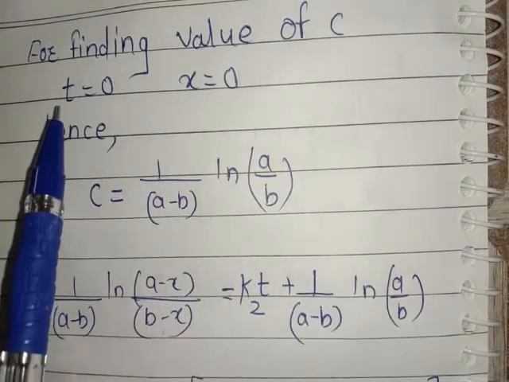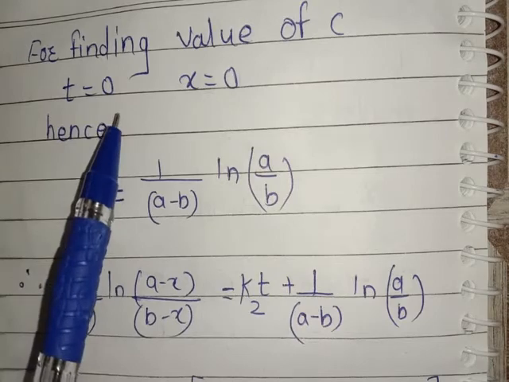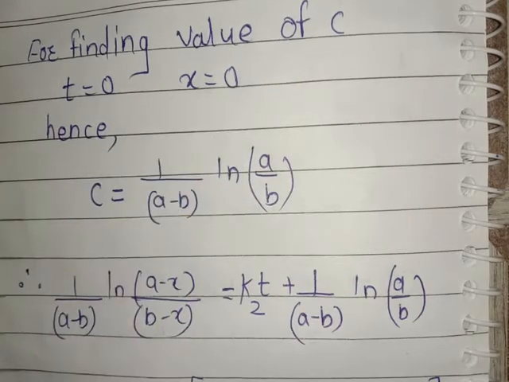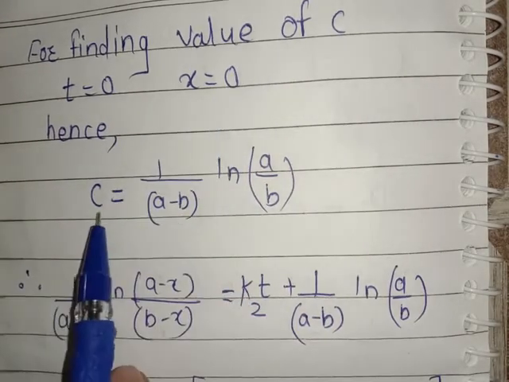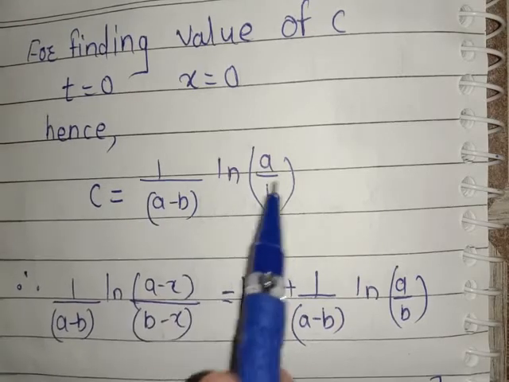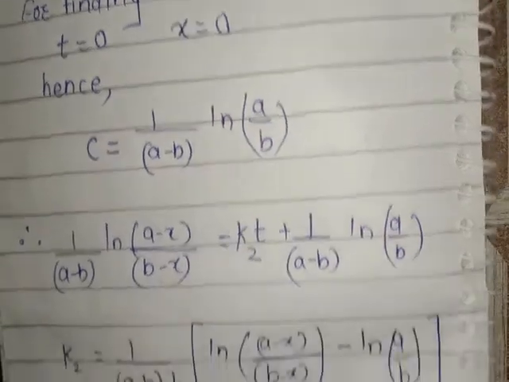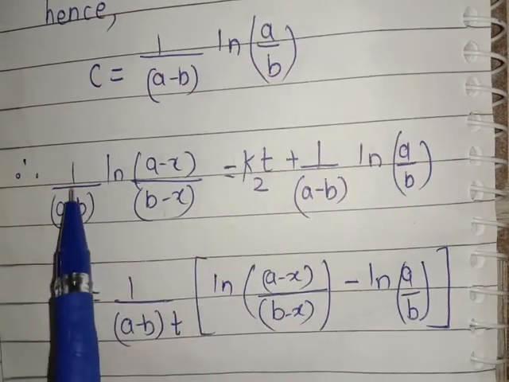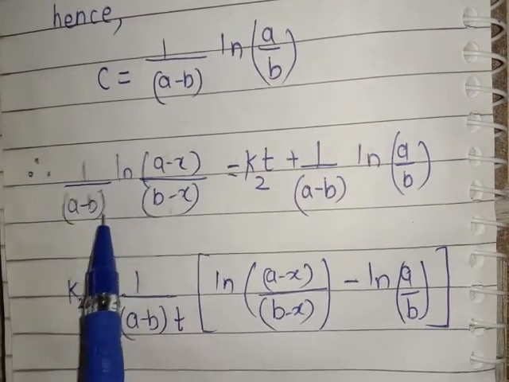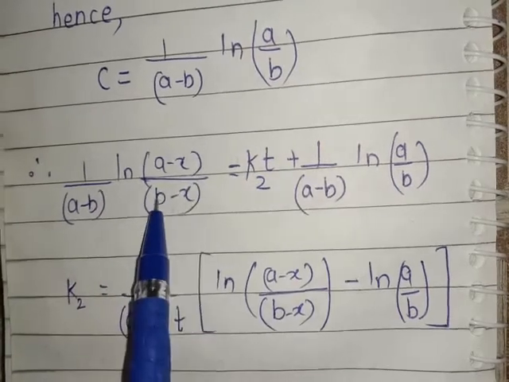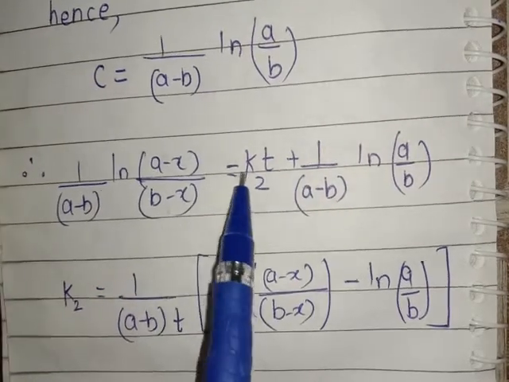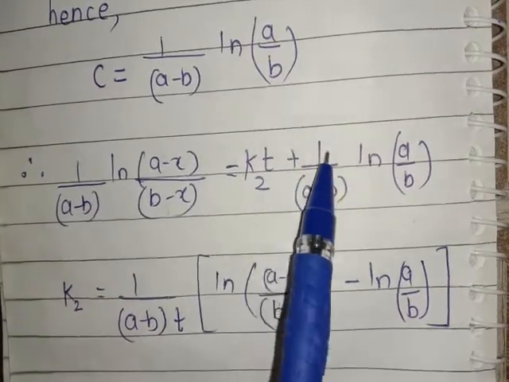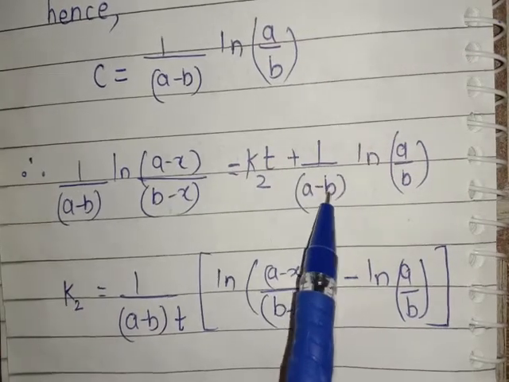Finding the value of c: t is equal to 0, x is equal to 0. Hence, c is equal to 1 upon a minus b ln of a upon b. And putting the value of c in the above equation, we can have 1 upon a minus b ln of a minus x upon b minus x is equal to k2 into t plus 1 upon a minus b into ln of a upon b.